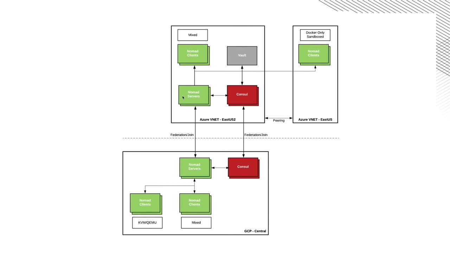It's only between the Nomad servers and its entities that need to have like 10 millisecond round trip between each other. Then I can technically put this in a different location.